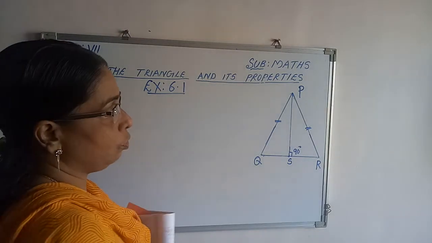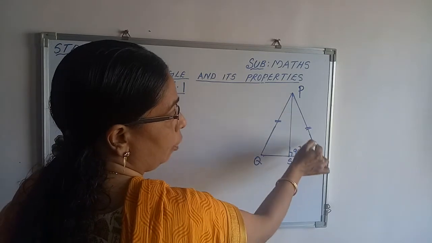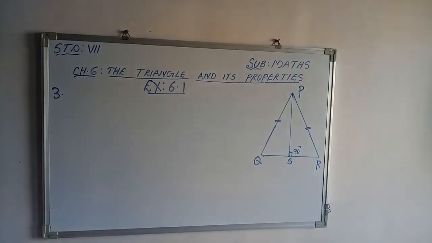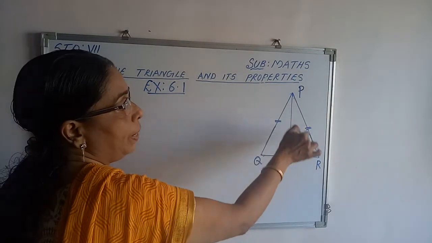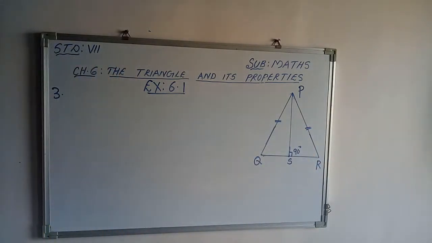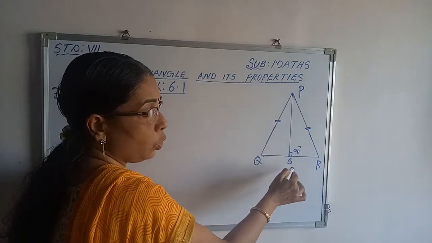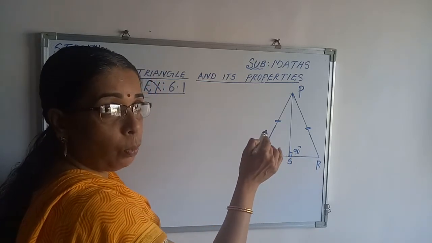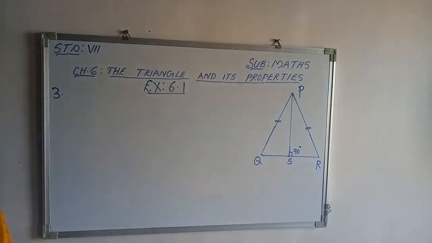Here I have drawn one isosceles triangle PQR, in which side PQ is equal to side PR, and the third side is QR. We have drawn one line segment from the vertex P to the opposite side QR, that is S. So we have to prove PS is the altitude as well as the median.